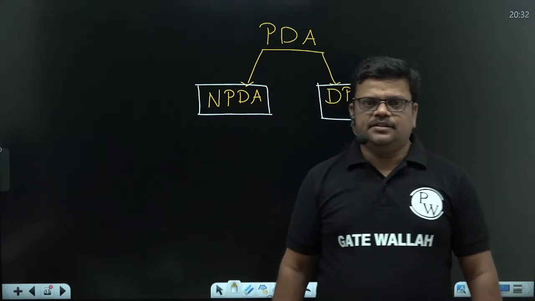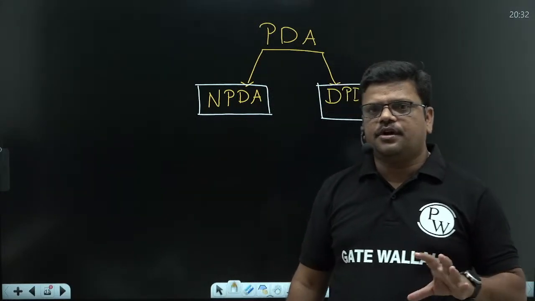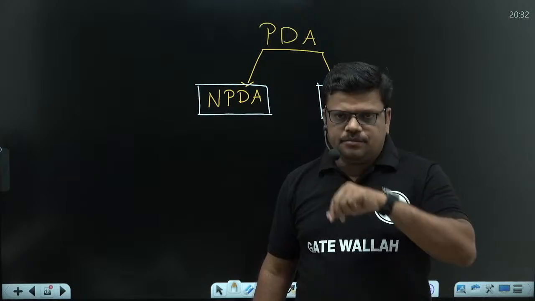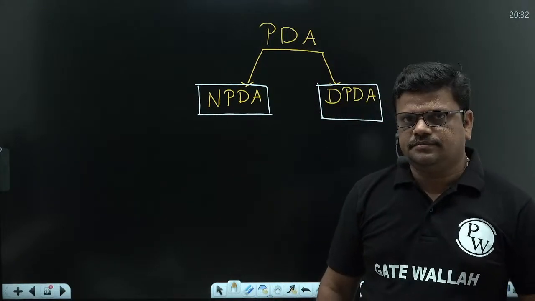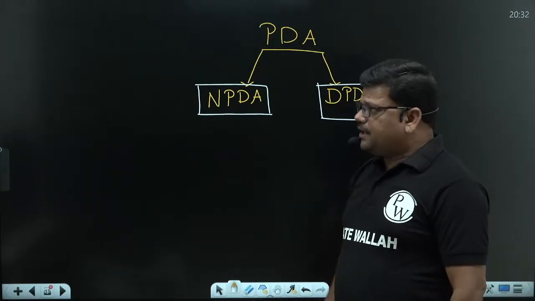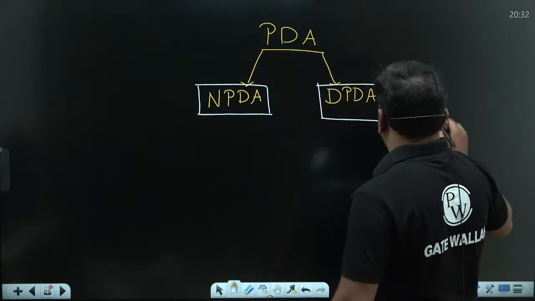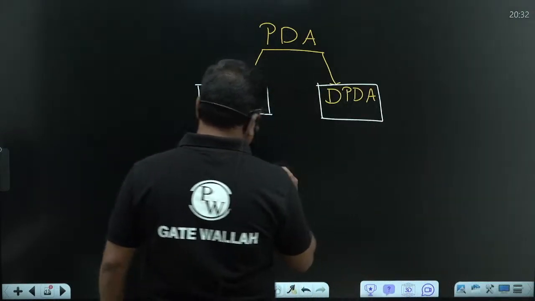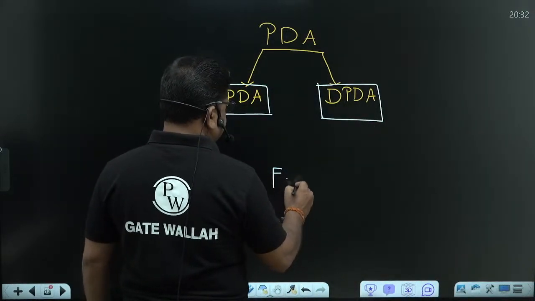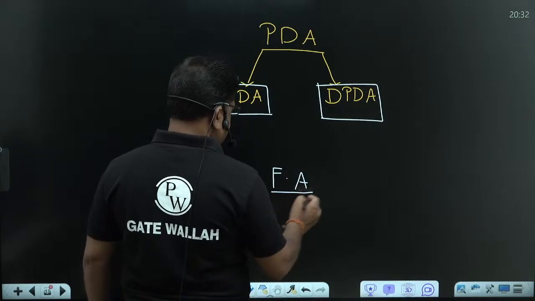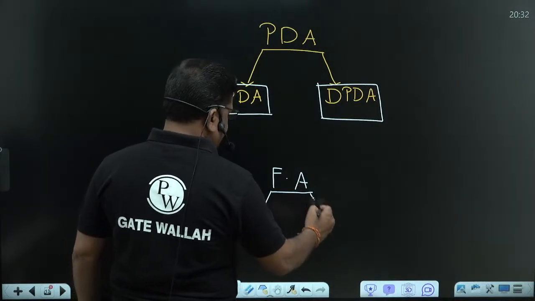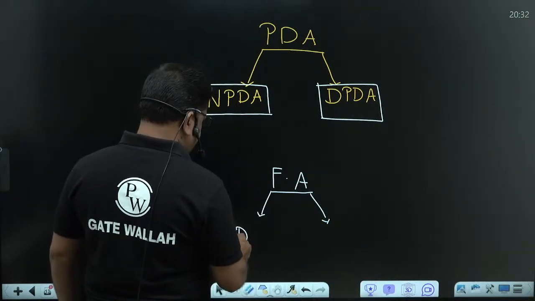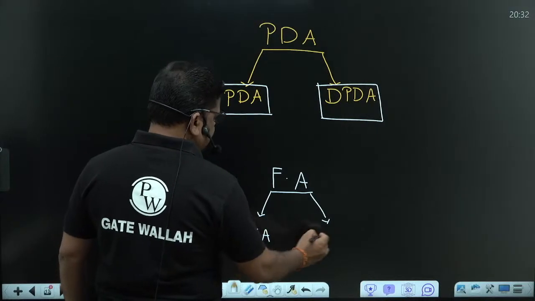Like finite automata, which also have two versions, deterministic and non-deterministic.